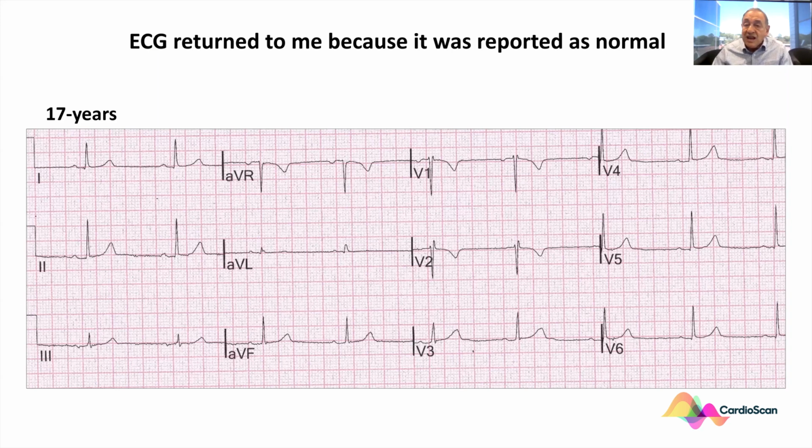So I looked again at the tracing and I saw that there was an rSR', which suggests, of course, that this has a bundle branch block. However, the QRS is only 76 milliseconds. So clearly it is not a bundle branch block, and clearly it's normal.